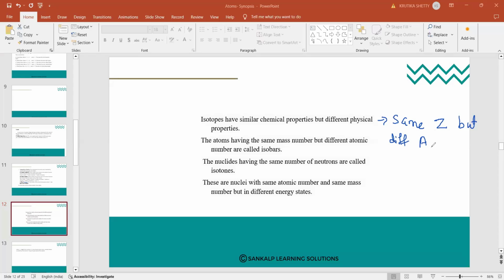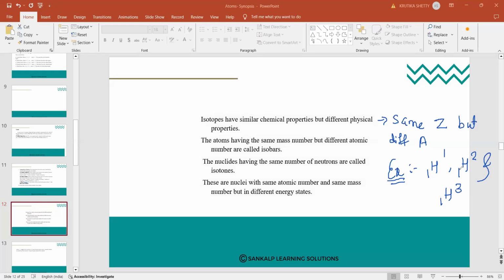Those nuclei are called what? Isotopes. So what are isotopes? Those which have the same atomic number but different mass number. What are the examples for isotopes here, students? The examples are H11, H12 and H13. So for hydrogen there are three examples. The first one is called hydrogen, the second is deuterium, the third is tritium. Okay, so these are the isotopes.